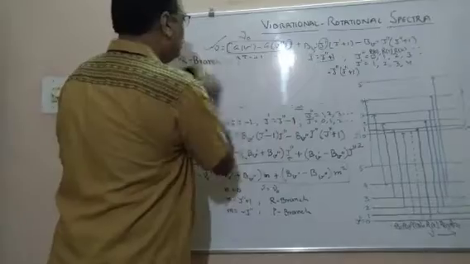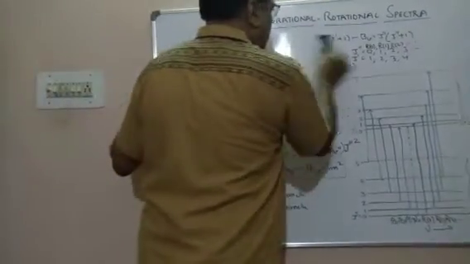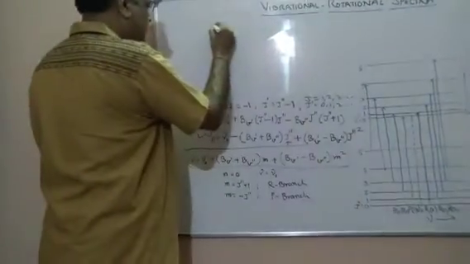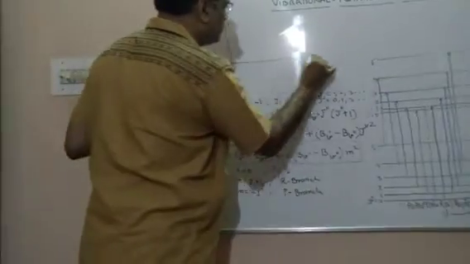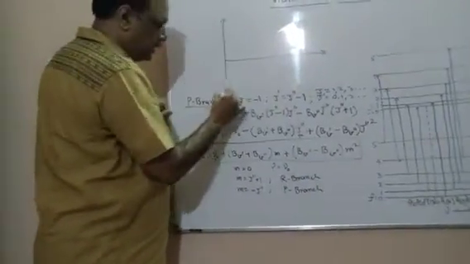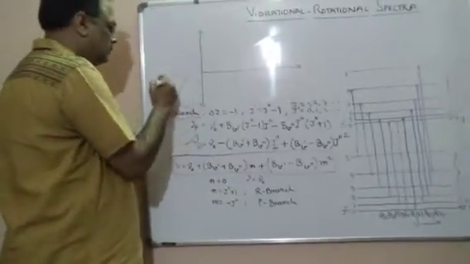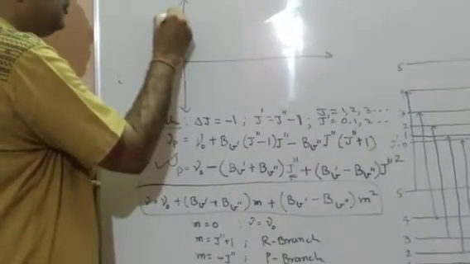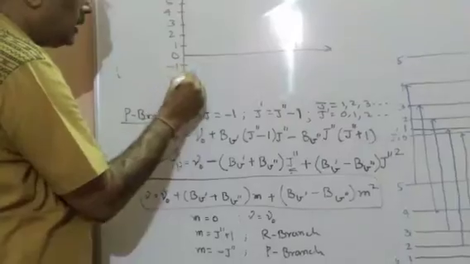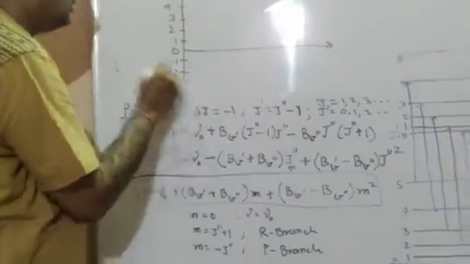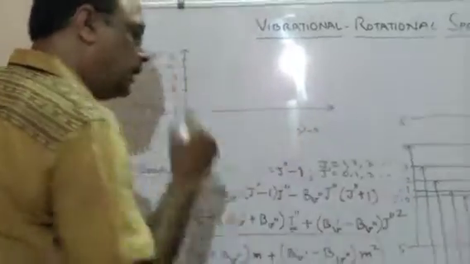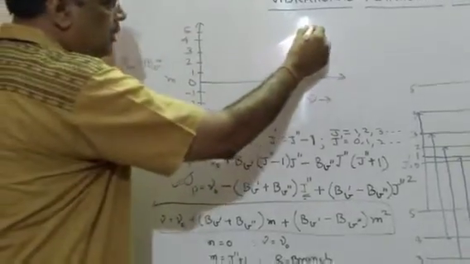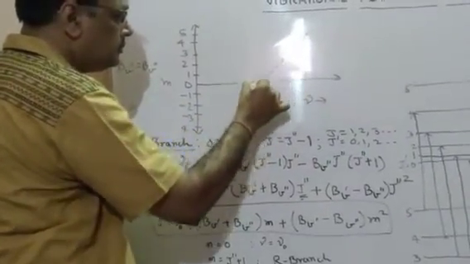Now, if you plot this m on the y-axis, starting from 0, 1, 2, 3, 4, 5, similarly minus 1, minus 2, minus 3 and so on, and then wave number, and let BV prime equal to BV double prime, then you will get a straight line.